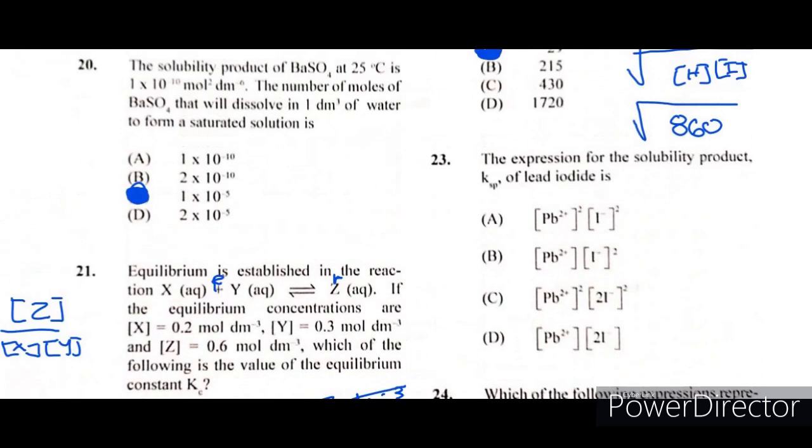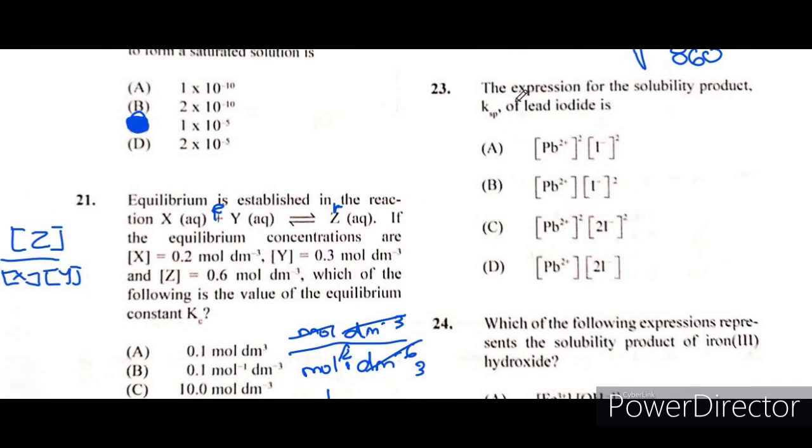23. The expression for the solubility product Ksp of lead iodide is, no, lead iodide I believe is PbI2. If that dissociates, we're going to have Pb2 plus, right?